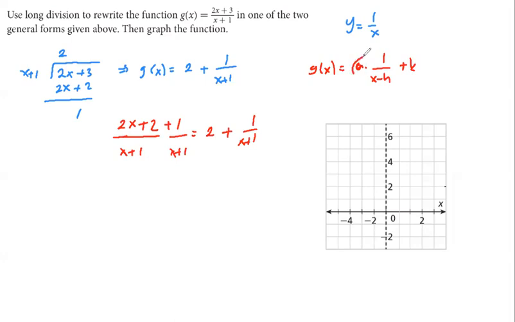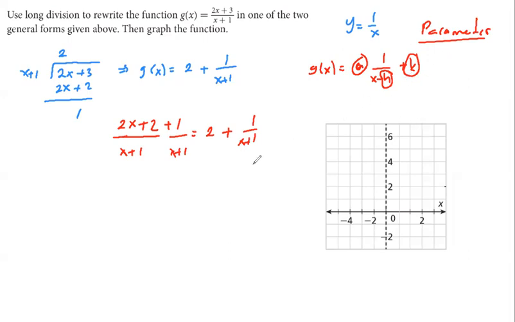The a is the vertical stretch or vertical dilation, k is the vertical shift, and h is the horizontal shift. So a, k, and h are basically the key values that we are going to use to graph our function. We call those a, k, and h the parameters of the function. That is just another term that we use to represent all these key variables: a, k, and h.